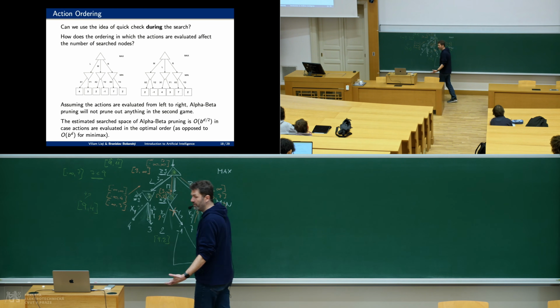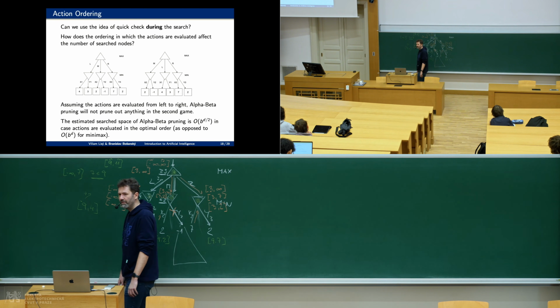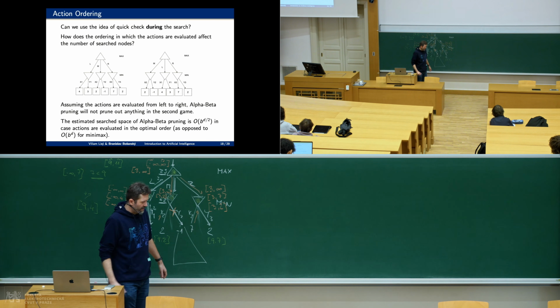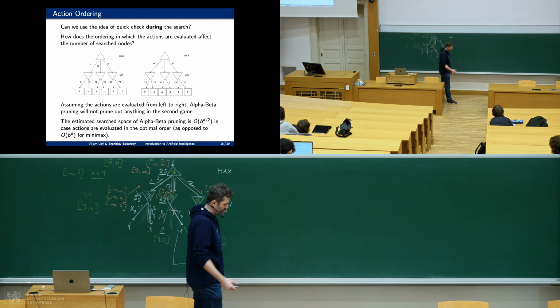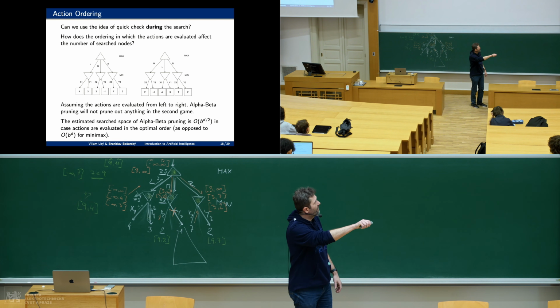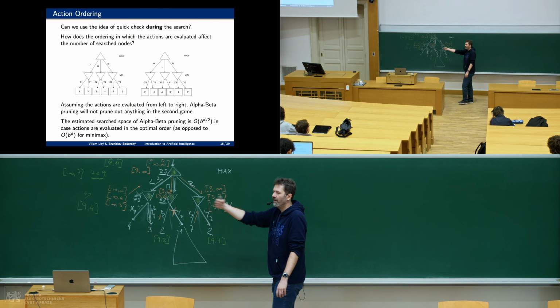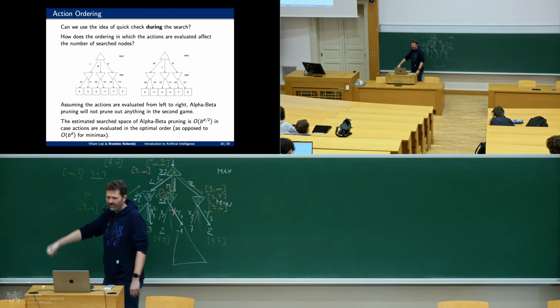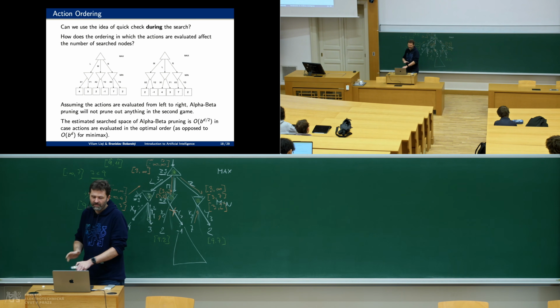If you have optimal ordering, so if you really sort the actions from the optimal one to the worst one, then you can prune quite a lot, and basically you can search game trees twice as deep as without it, right?